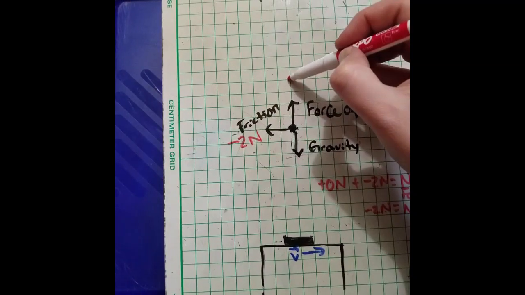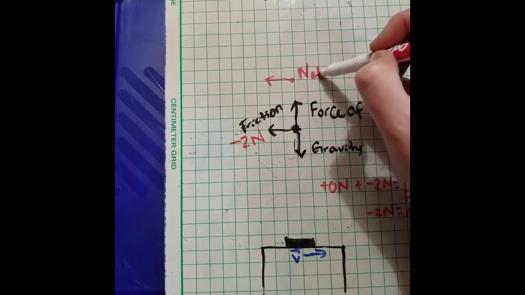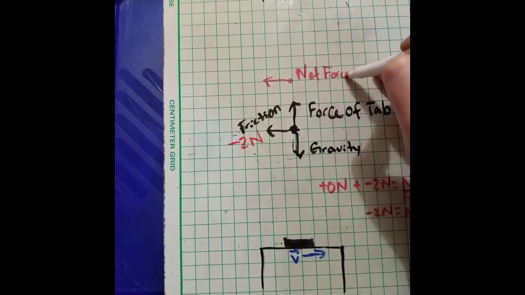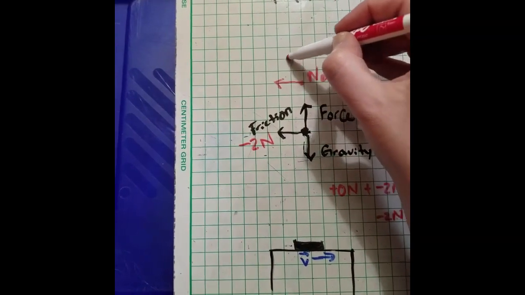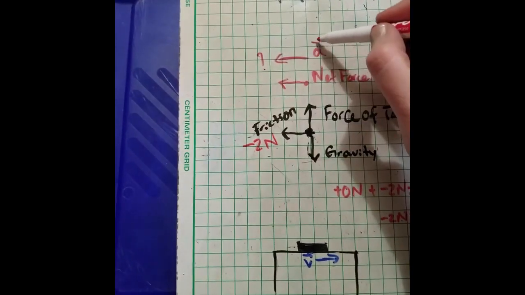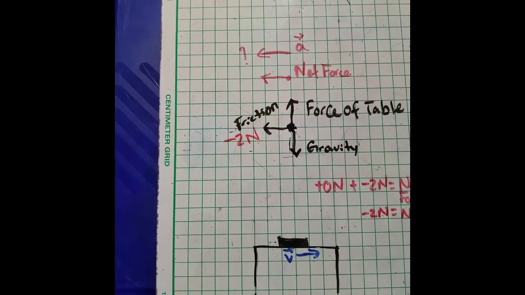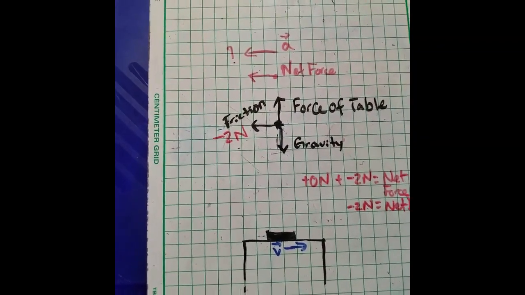So net force will then be pointing this direction, and my acceleration will also be in this direction, with how big that is unknown until I weigh the coin and do the math from there.